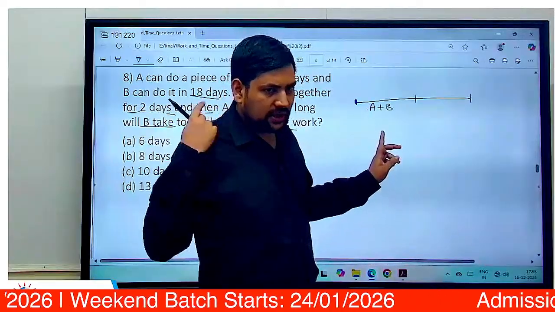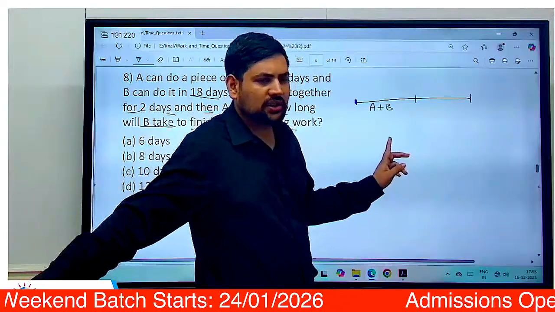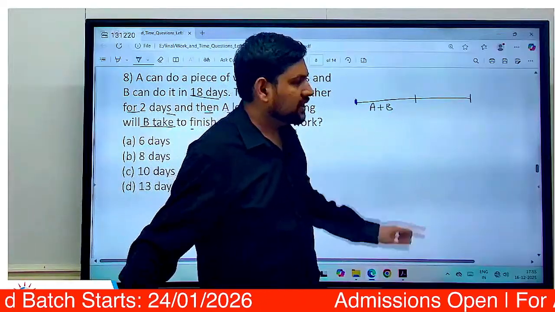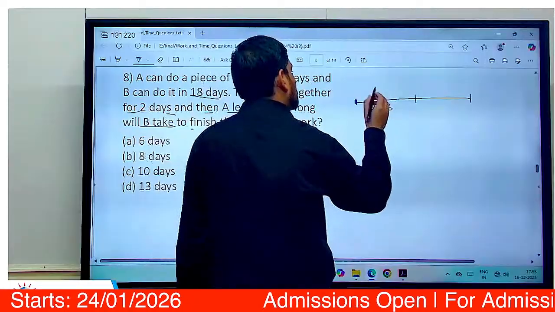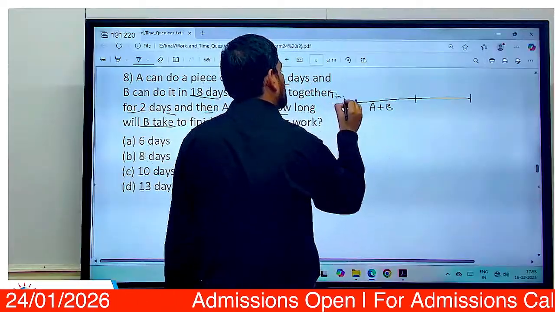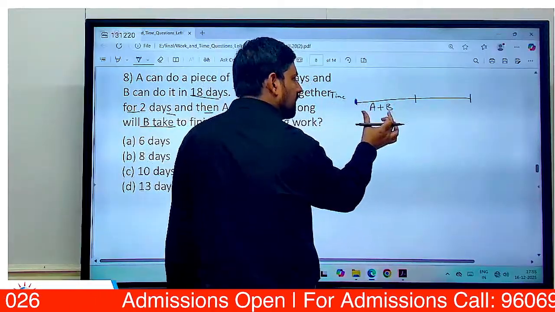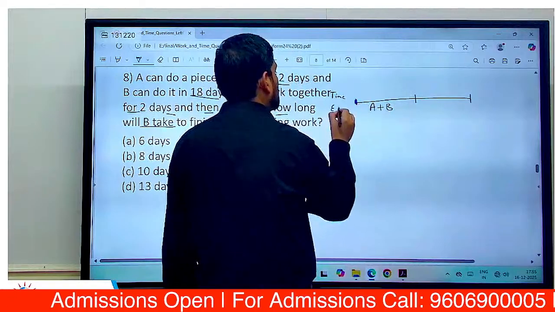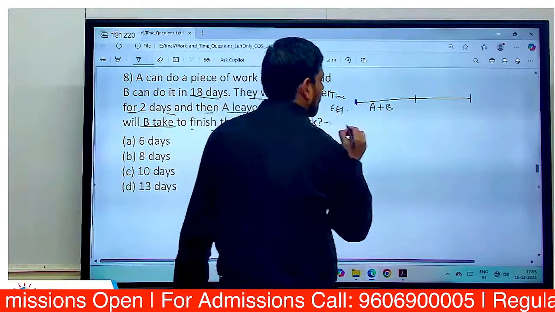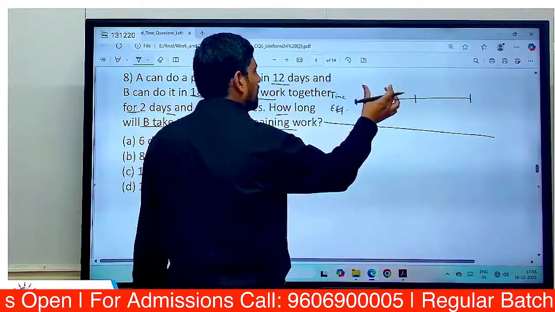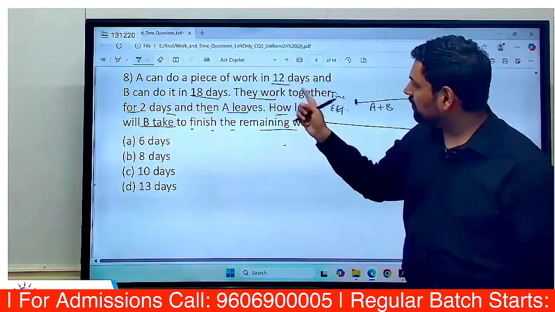Whatever time they were taking, that is in your head or in your rough copy. Now this is efficiency. Above it, I'll write the time. So above this line, I write the time till when A and B work together. Below it, I write efficiency. Then if I multiply it, whatever is above, for example, A can do this is fine.